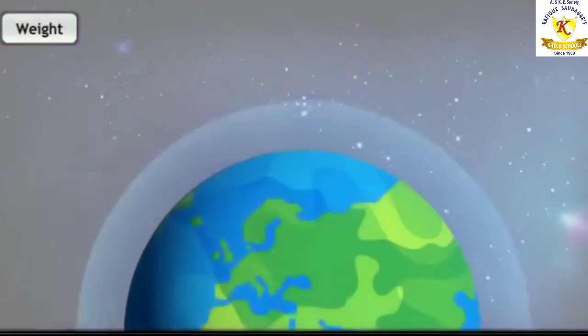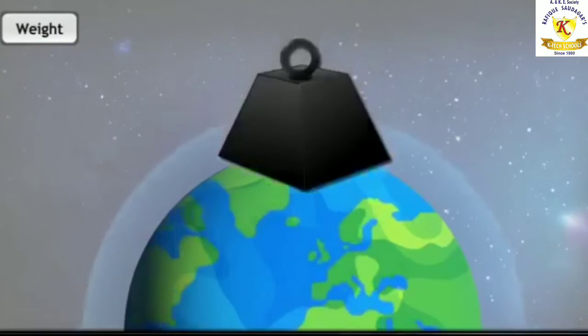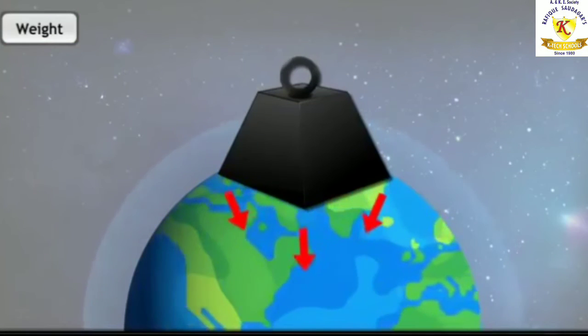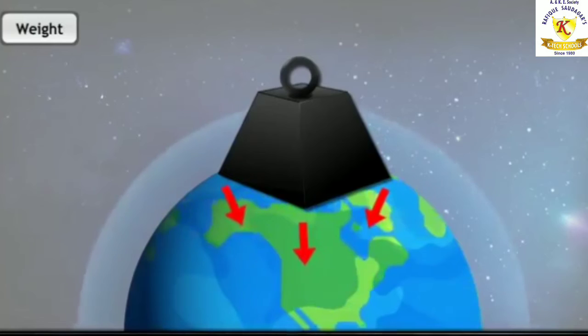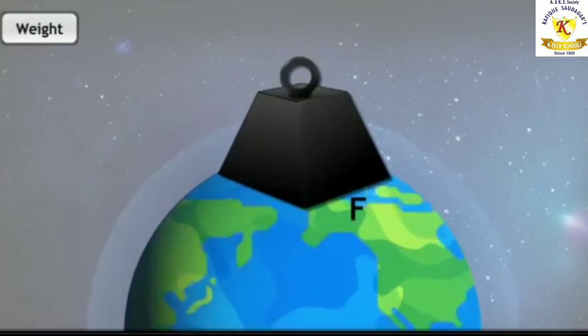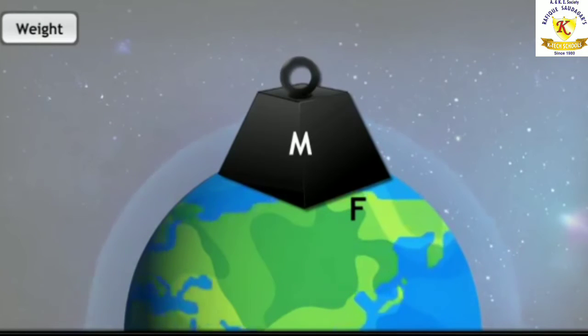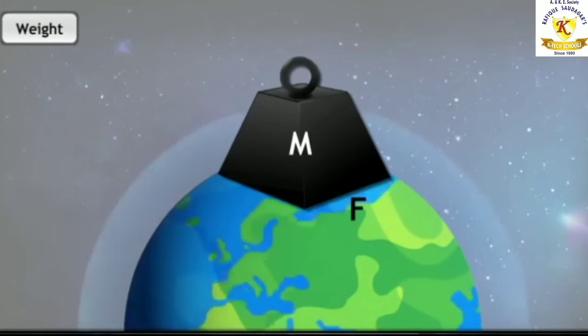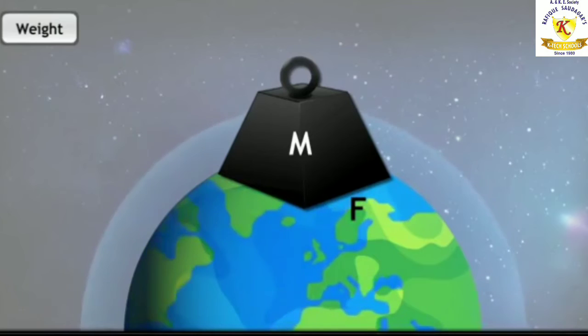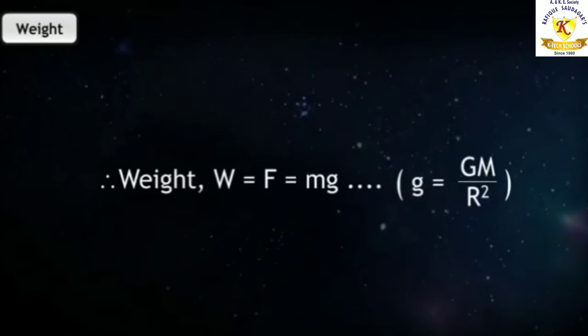Weight. The weight of an object is defined as the force with which the earth attracts the object. The force on an object of mass m on the surface of the earth can be written using equation 4. Therefore, weight, that is W, is equal to F is equal to mg, and g is equal to Gm upon R square.